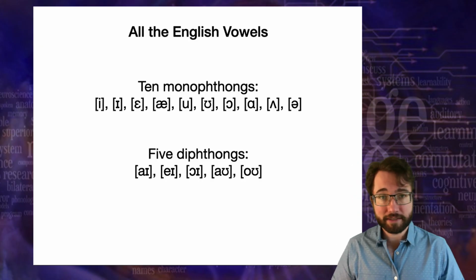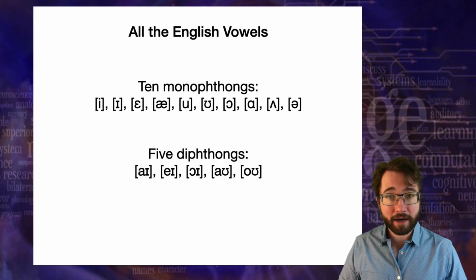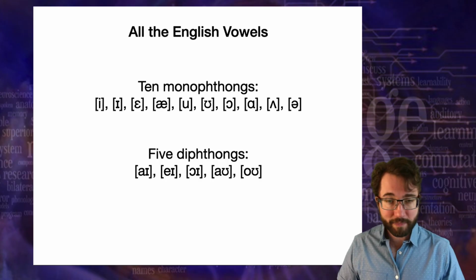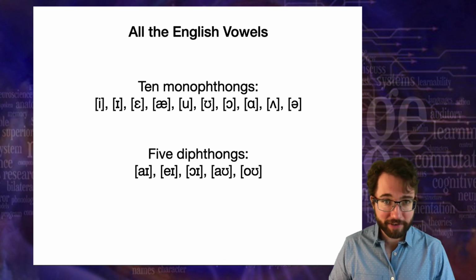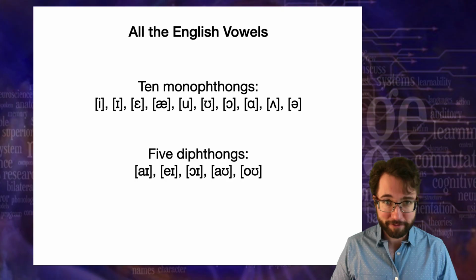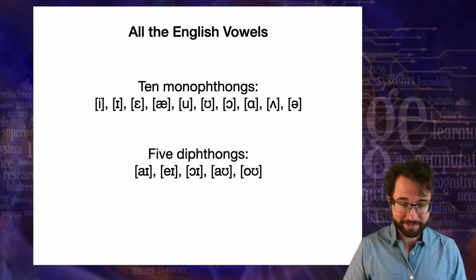And we've identified 5 diphthongs, I, A, oi, ow, and o. Those are the actual vowels of English. Don't let anyone tell you English has 5 vowels. It's actually got at least 15 distinct vowel sounds, 10 monophthongs, and at least 5 diphthongs.